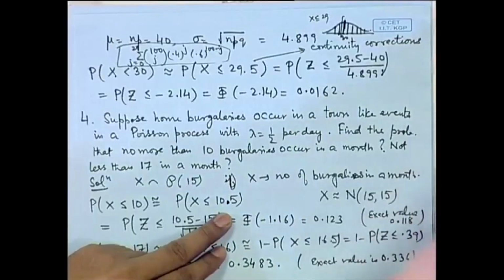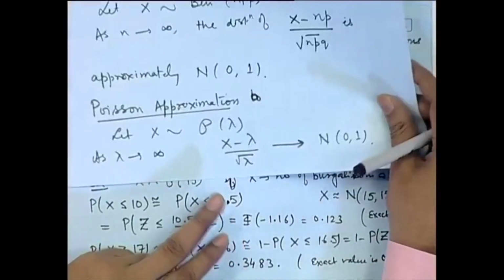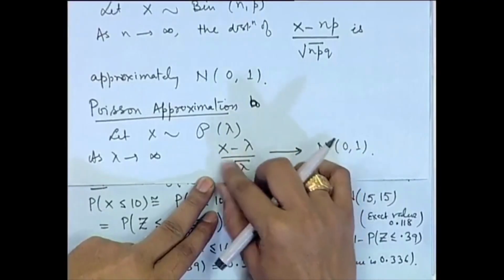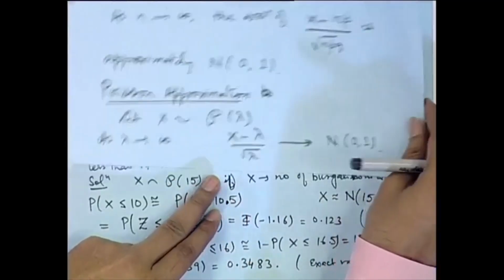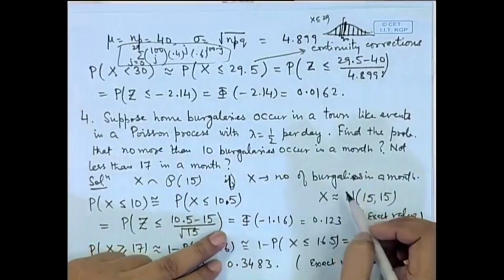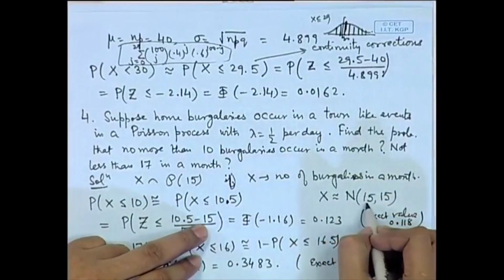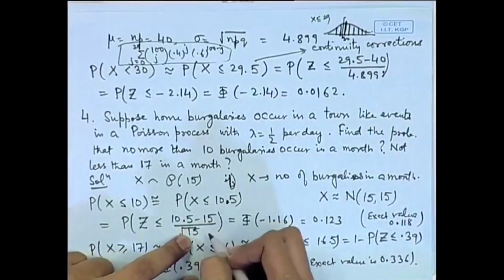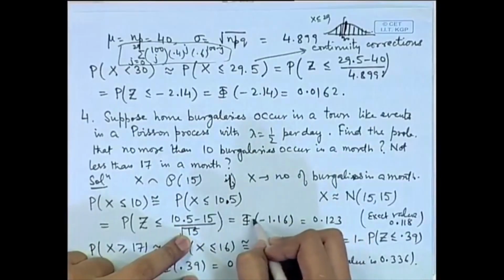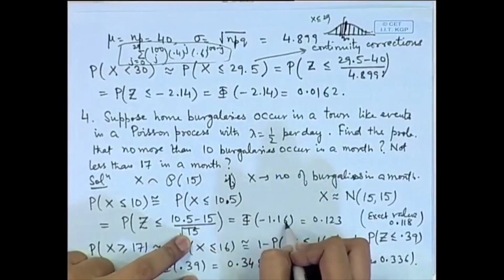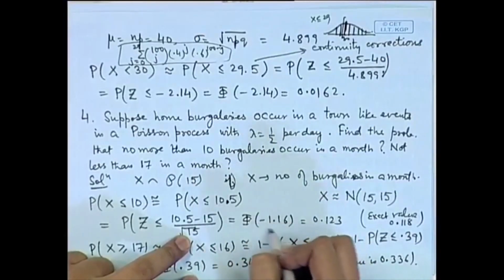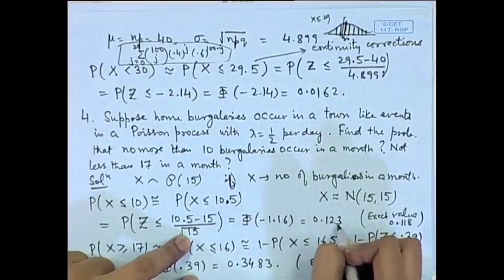If we make use of the normal approximation here, then (x minus lambda) by root lambda is approximately normal as lambda becomes large. So, here lambda is 15. So, 10.5 minus 15 by root 15, which after simplification is minus 1.16. So, the value of the normal distribution's cumulative distribution function at this point is 0.123.